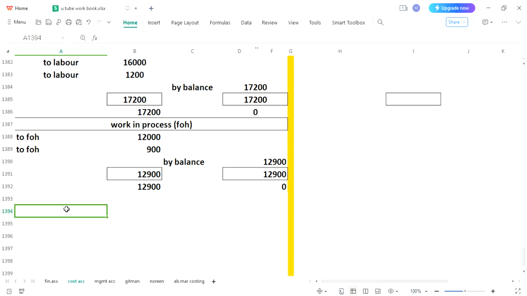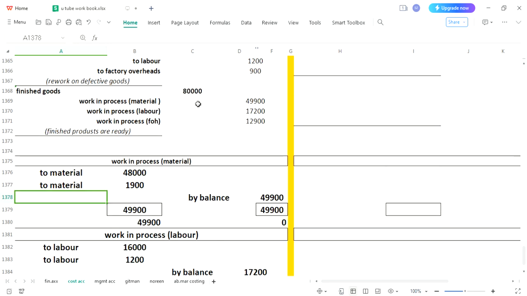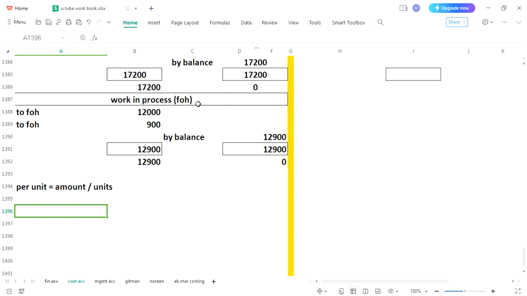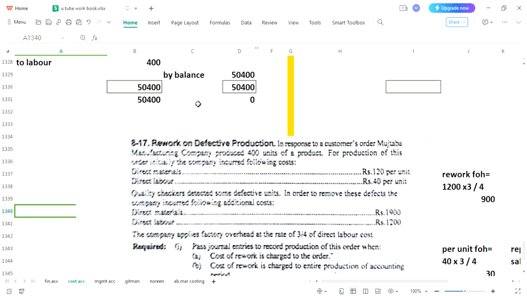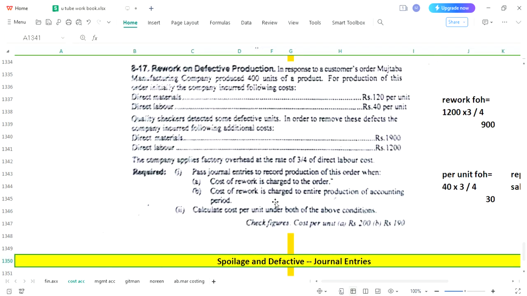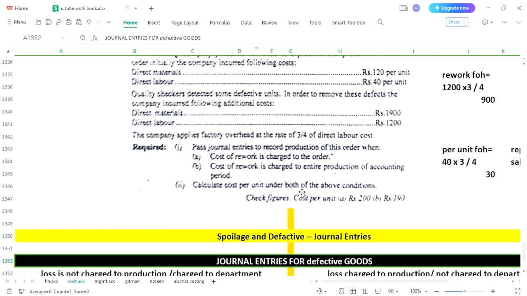You have a complete idea: whenever you want to calculate per unit cost, you take the amount and divide it by the units. Now the amount of finished goods is 80,000, so you can put 80,000 over here. The number of units manufactured was 400. It was mentioned in the book: produced 400 units. And what is our requirement? Cost per unit for both.